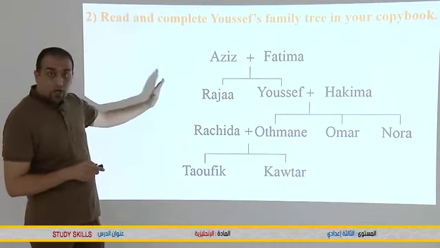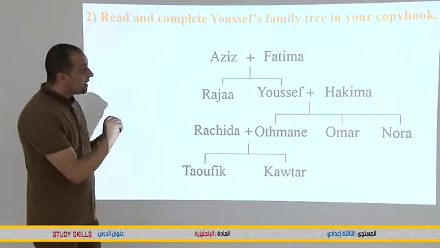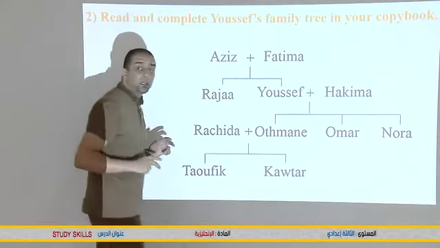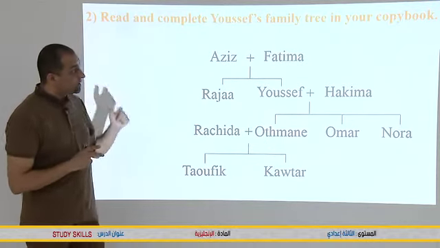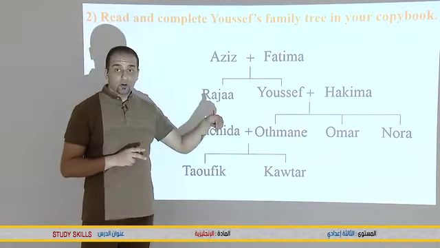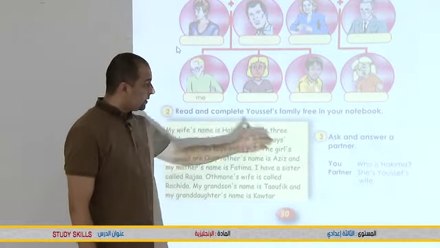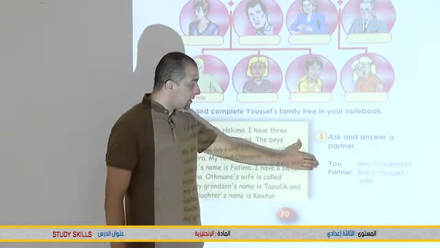Then, in exercise 3, we are going to write sentences according to Yusuf's family tree, which is number 3 in your textbook. We are going to ask and answer questions according to Yusuf's family tree. The example given to us is, who is Hakima? Hakima is Yusuf's wife.